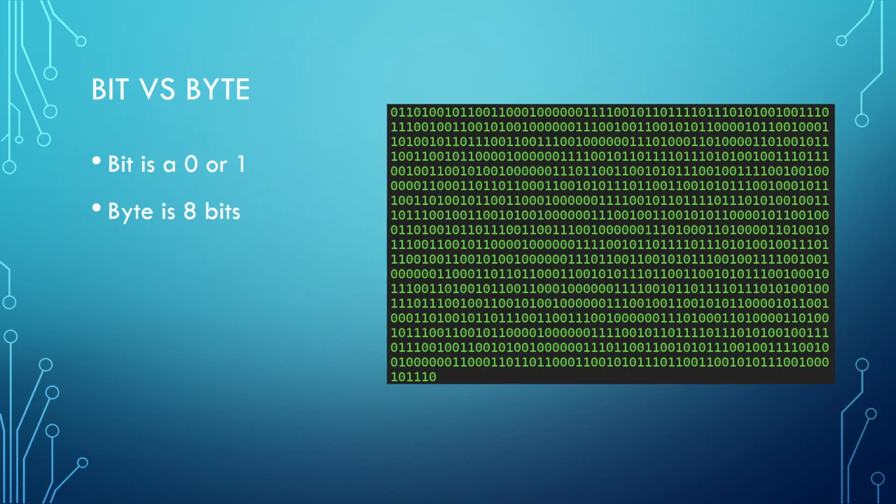So 1, 2, 3, 4, 5, 6, 7, 8 different combinations. And the simple way to figure this out is it's 2 to the number of spaces you have. If you have one space, 2 to the 1 is 2. We have two spaces, 2 to the 2 is 4. Three spaces, 2 to the 3. That's 2 times 2 times 2, which gets us 8. Right?